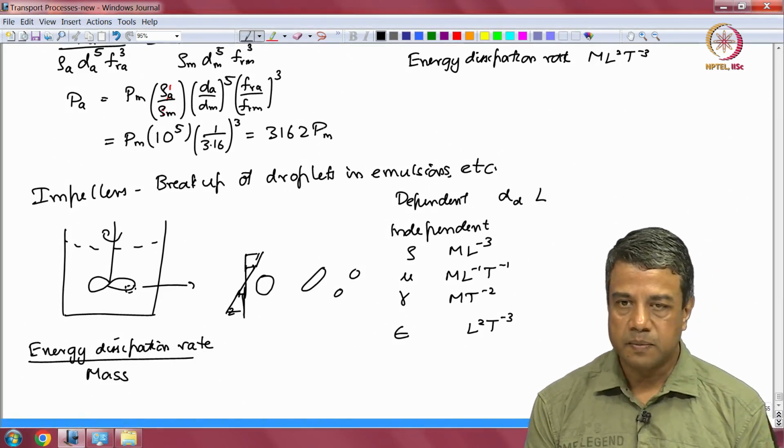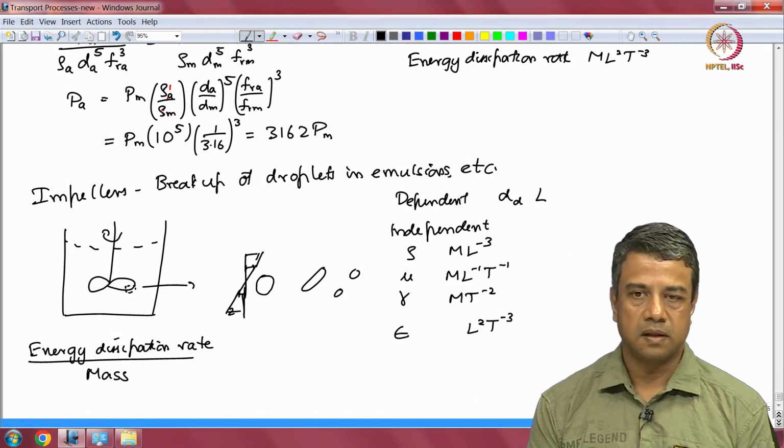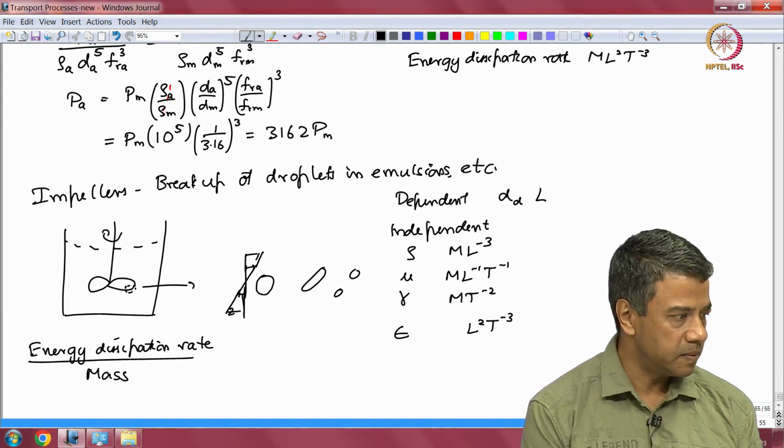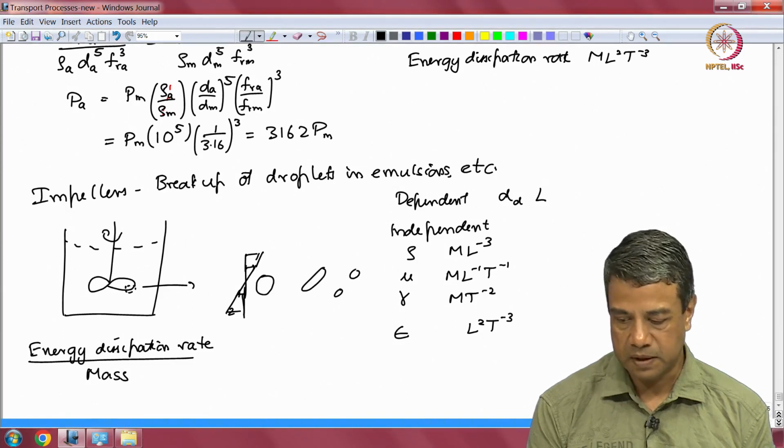If the Reynolds number based upon the droplet diameter and velocity is large, you would expect the breakup to be primarily due to inertial effects.